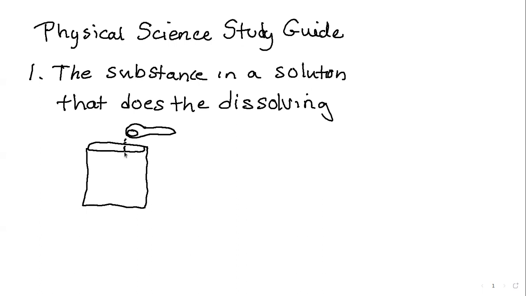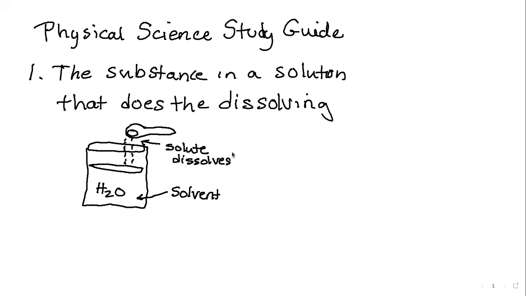It's pouring into, we're going to make this water. The stuff that's being poured in is called a solute. The stuff into which you're pouring is the solvent. This is the stuff that dissolves. And the whole thing together is called the solution. So the stuff that is doing the dissolving is the solvent.